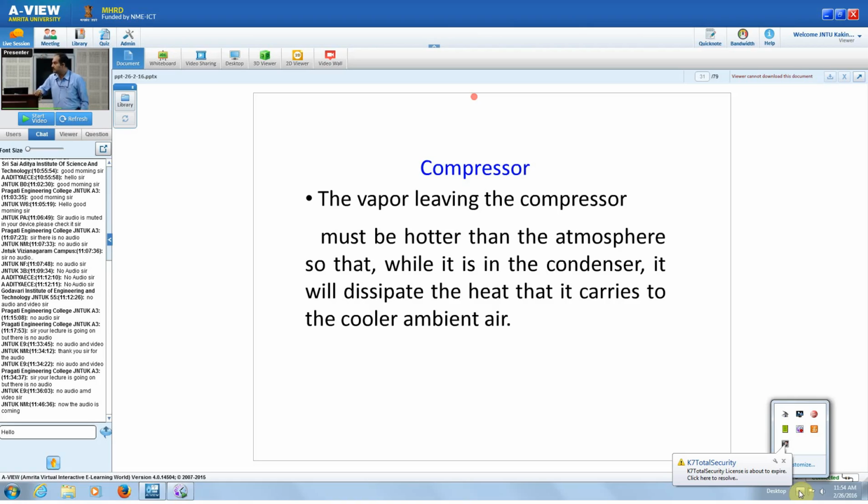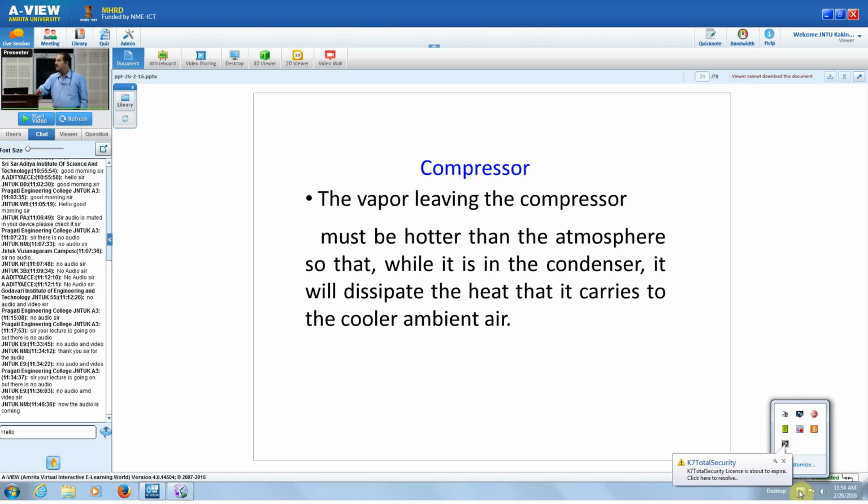Before entering into the condenser or after the compressor, the temperature is the same. Right? The condition before entering into the condenser or after discharge or after compressor is the same. Here, the vapor leaving the compressor or entering into the condenser must be hotter than the atmospheric temperature.